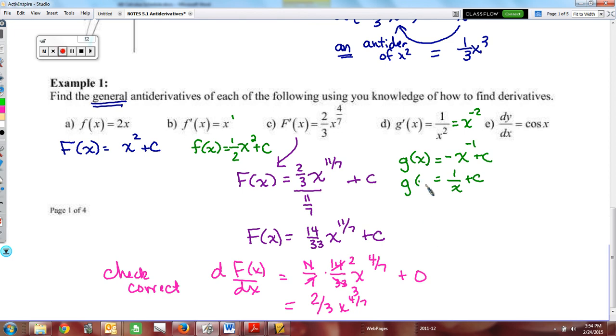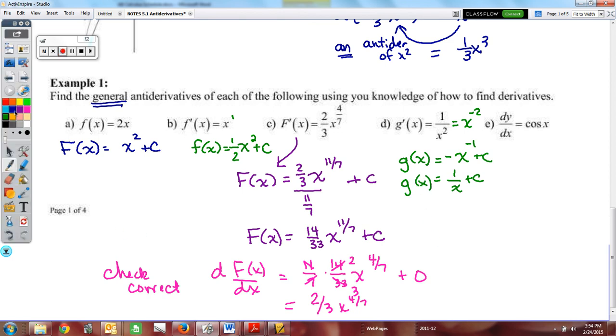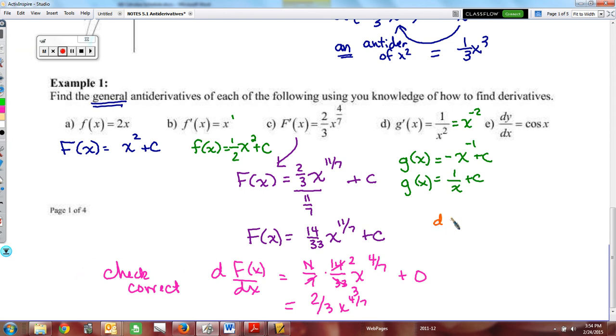Now, if you want to test it out, again, you can always check it by taking its derivative. So if I take the derivative of g of x with respect to x, we get the derivative of -1/x. If you want to do low d high minus high d low, you can do that.